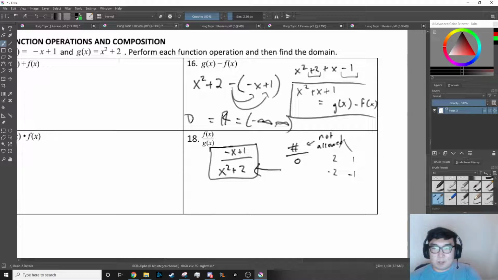So we're pretty much saying that x squared plus 2 cannot equal 0, right? So if I solve this, then x squared cannot equal negative 2. And I square root this. So x cannot equal the square root of negative 2.